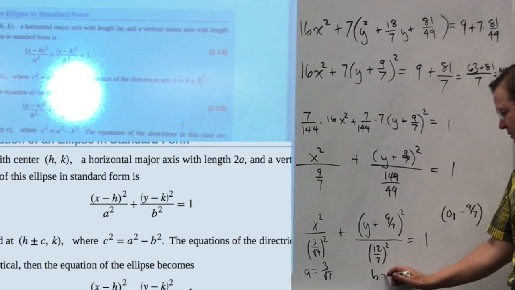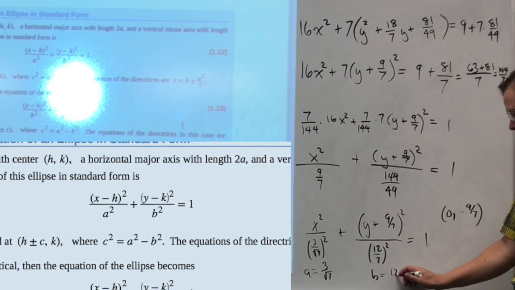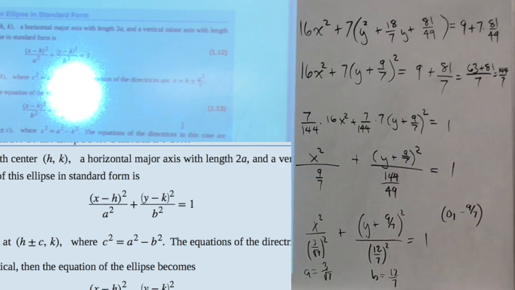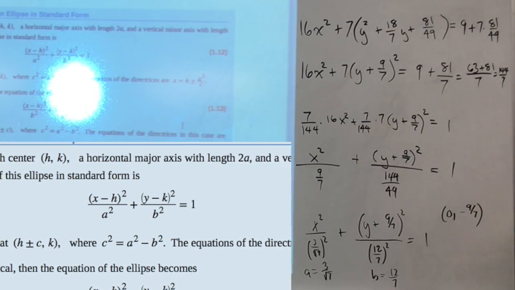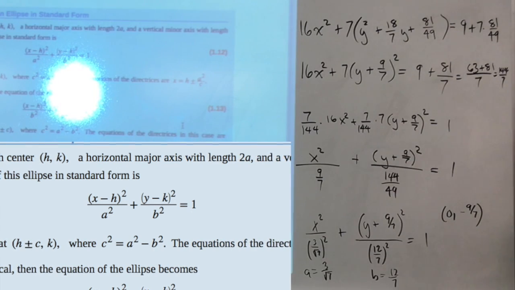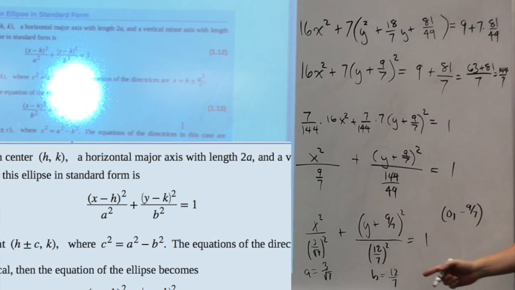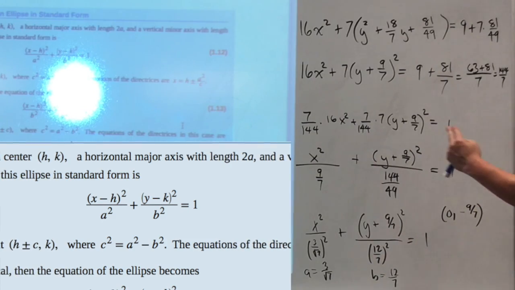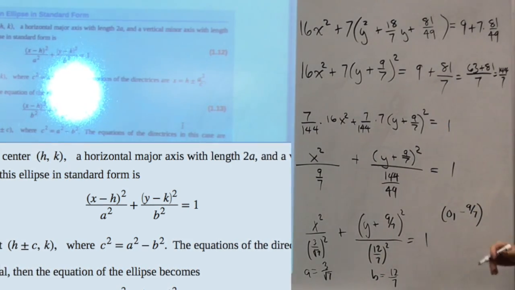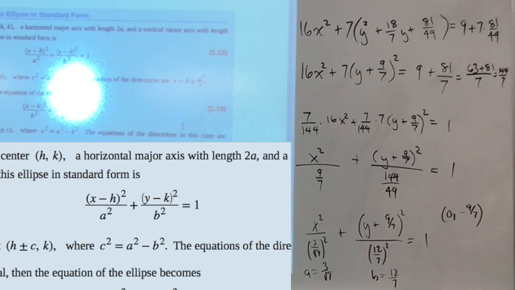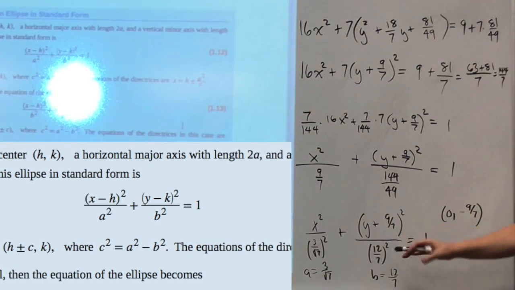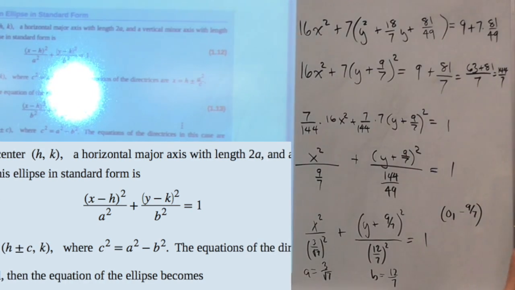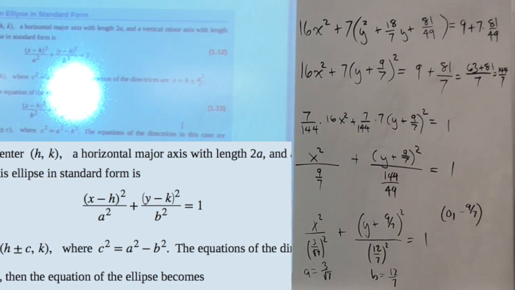And the distance along the y-axis is going to be 12/7. So I would start here and add 12/7, subtract 12/7 to find the top and the bottom of this ellipse. I would add and subtract 3 over root 7 from 0 to find both sides of the ellipse, just connect the dots. Maybe I erased the picture too soon, but I think that should correspond perfectly with the conclusion we reached doing it with polar coordinates.